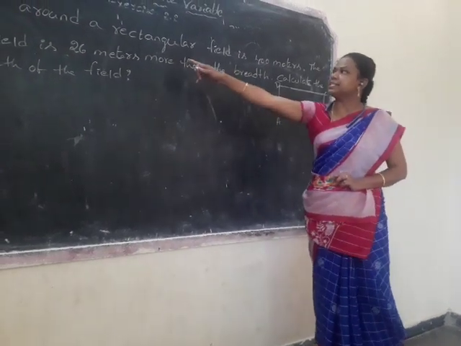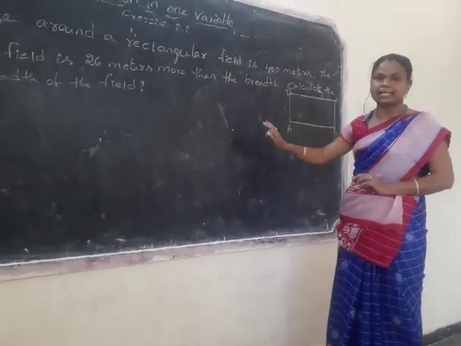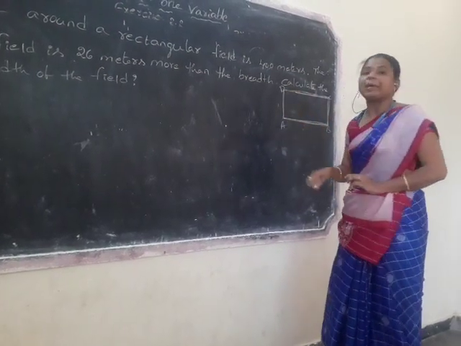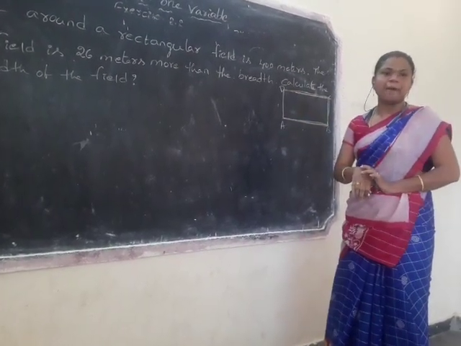Here the distance around a rectangular field, that is the perimeter.